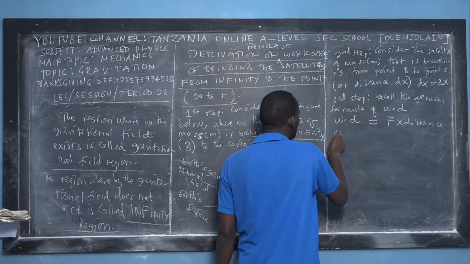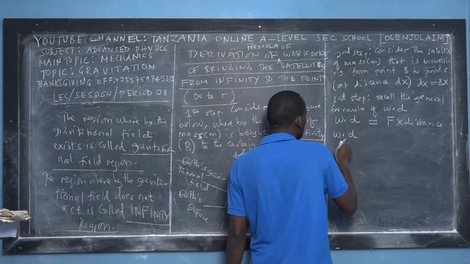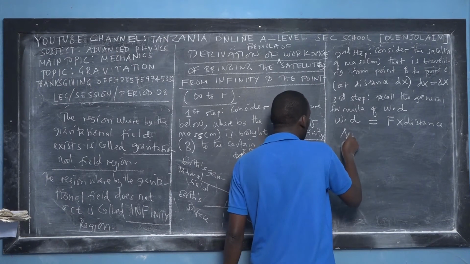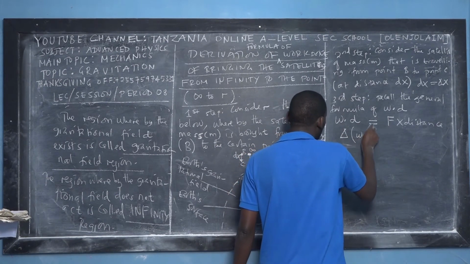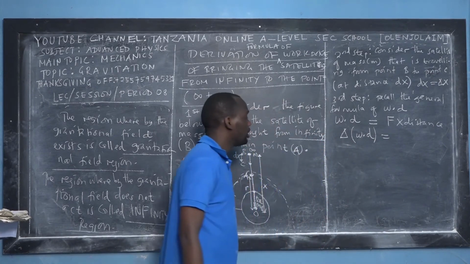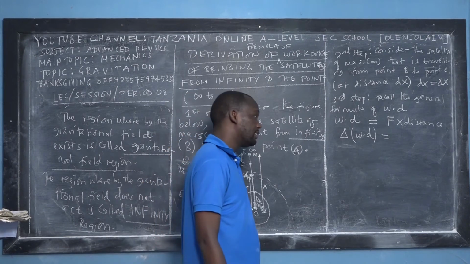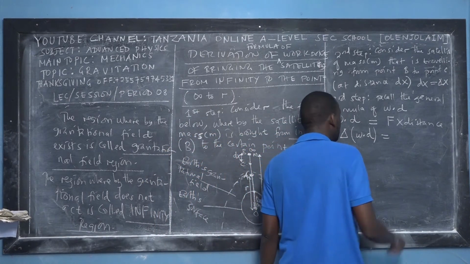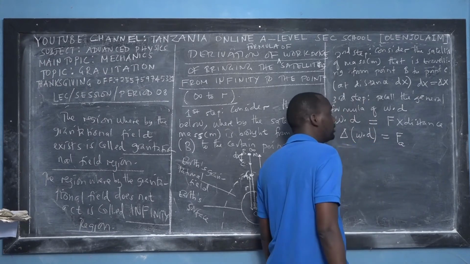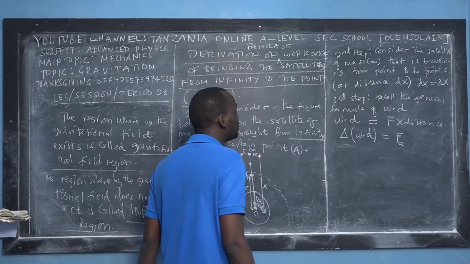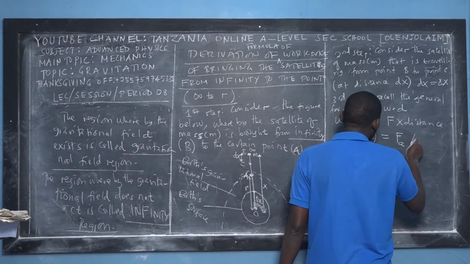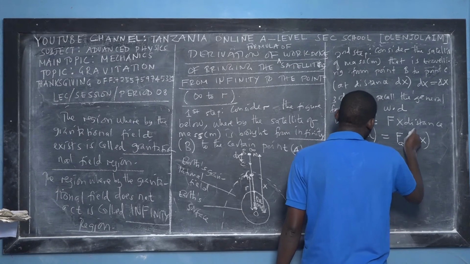So for this case, a small change in work done, listen carefully, is equal to the force of attraction times a small change in distance, which is delta x.